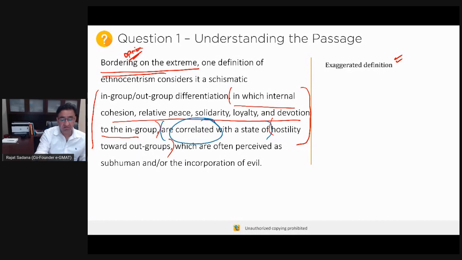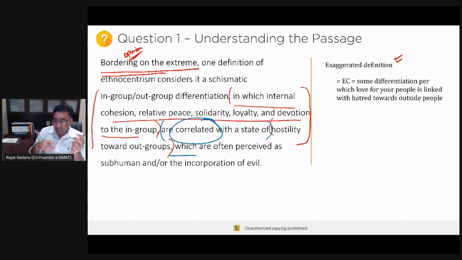This correlation is the key word. Two things are correlated, and the modifier is that these outgroups are often perceived as subhuman or an incorporation of evil. So there's an exaggerated definition of EC in which you have love for your own people and some hatred towards outside people.